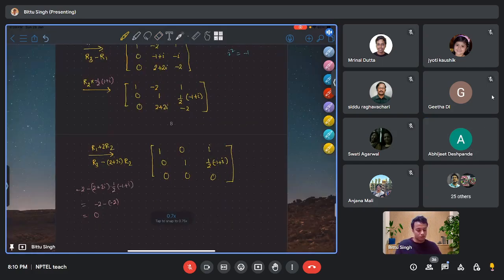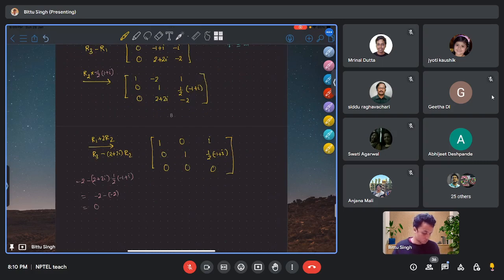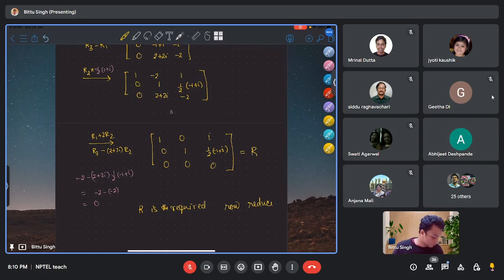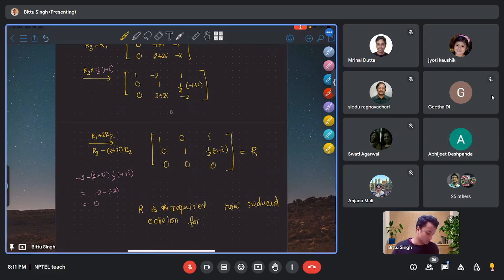So this is the required row reduced form. Let us give the name R. R is the required row reduced echelon form.